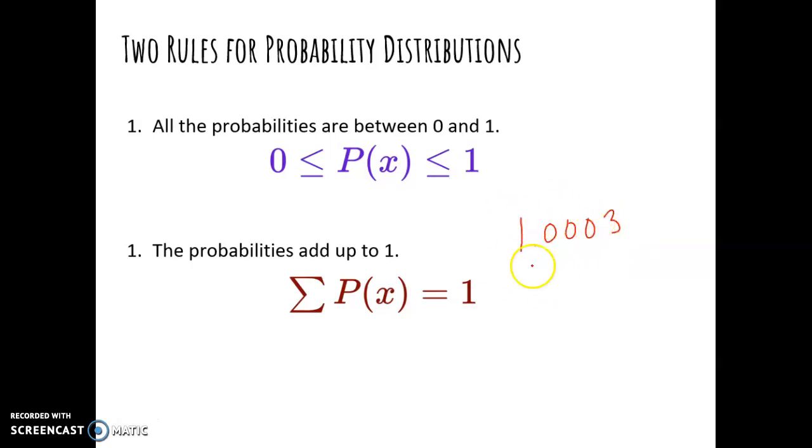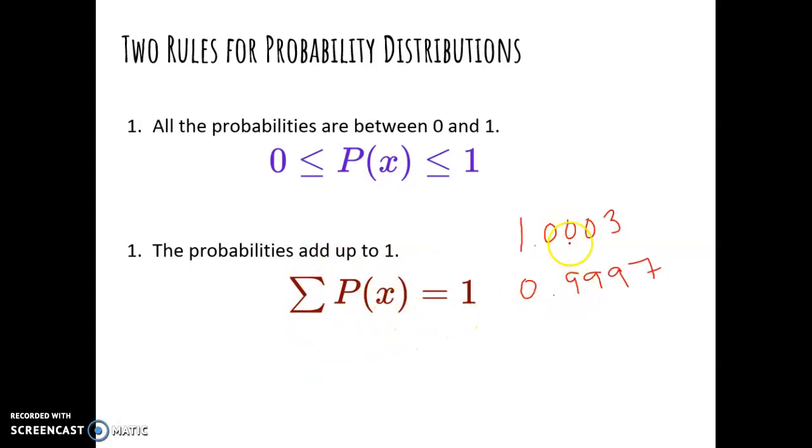Basically, if you look at this, this pretty much rounds to 1. Another thing you could possibly get is 0.9997. That would round to 1 as well. So just be mindful of that when you're adding and trying to check whether this property is upheld, to see if something's a probability distribution, or checking to make sure you have all the correct probabilities in your distribution.